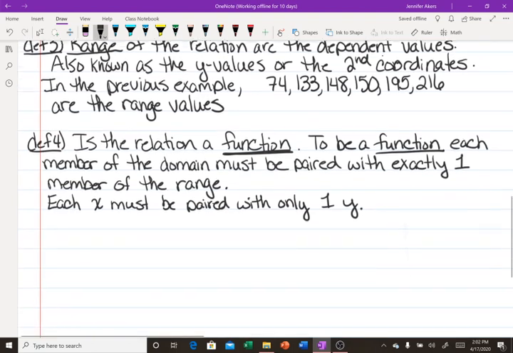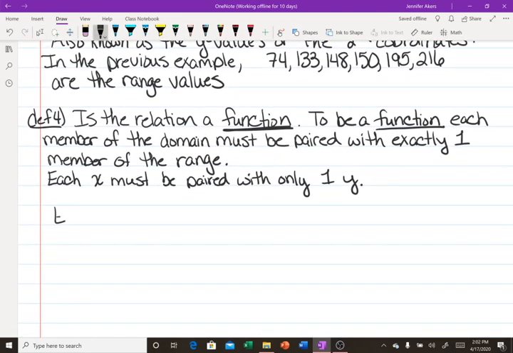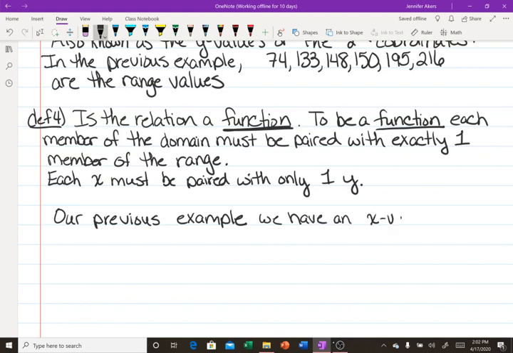So when we look at our previous example, we have an x value of 22 paired with, what's it paired with?